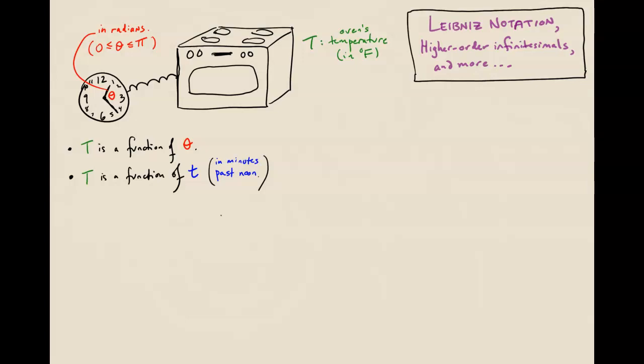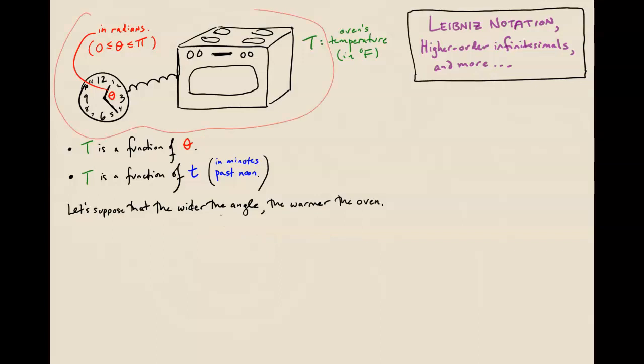Now let's specify something about how the temperature varies. Let's suppose that the wider the angle, the warmer the oven. This is something we have arranged with our fiendish engineering as we hook these two things together. What I want to do now is to take this statement and translate it into a statement about a derivative.